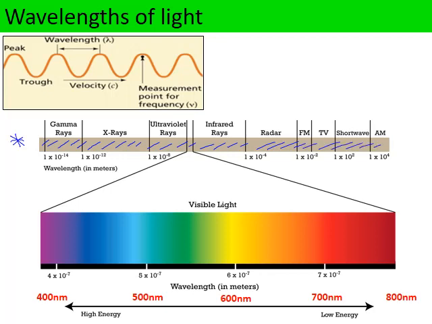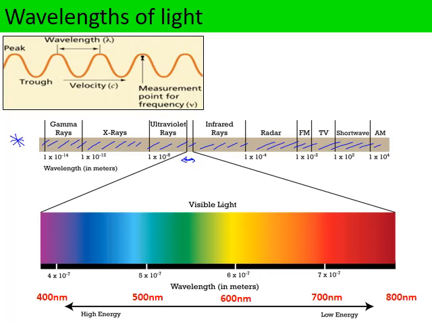So in terms of visible light, that's a very small part of the electromagnetic spectrum, and it's this bit right in the middle. Now, we know visible light is split into different colors if it's passed through a prism, and these will be from dark blue and violet on the left hand side through green, yellow, orange and red on the right hand side of the visible spectrum.